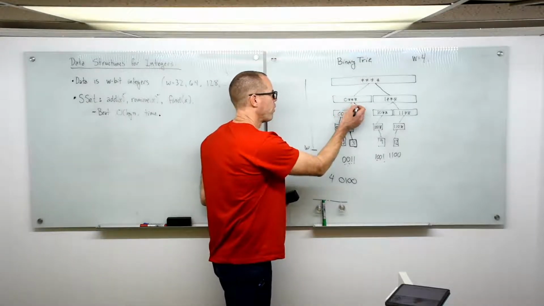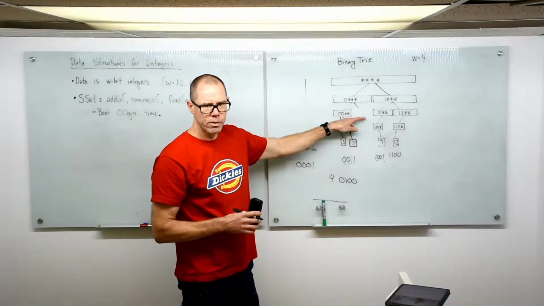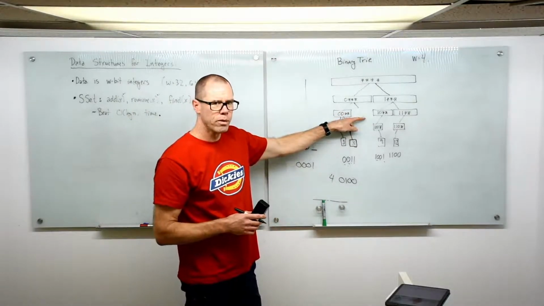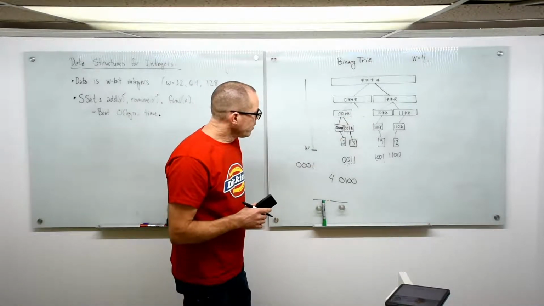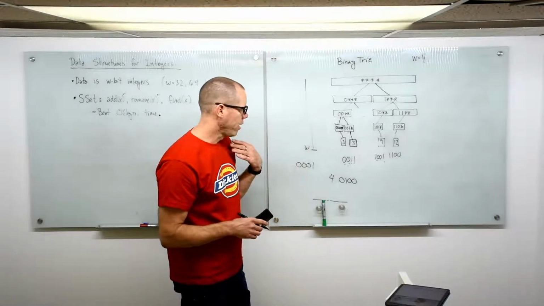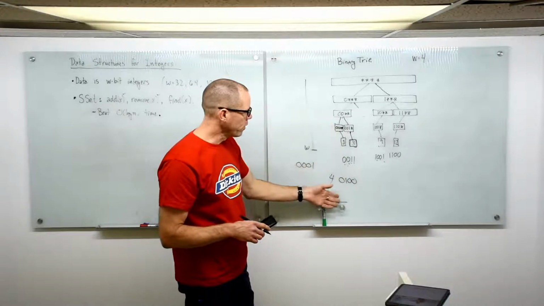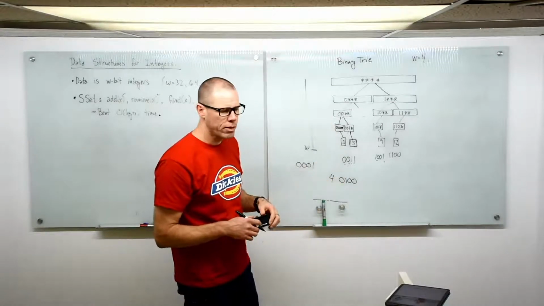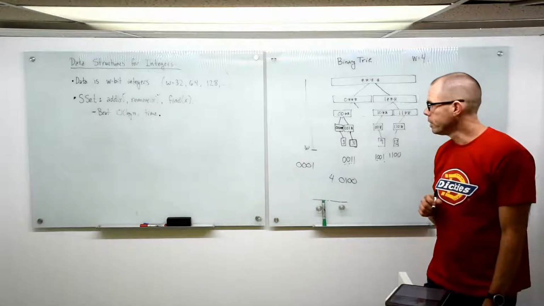So the search path for 4 goes down to here, but then it's stuck. There's no nodes there. There's nothing, we can't continue the search in this case. So the plain old binary trie doesn't solve the problem, because it doesn't help us when we're searching for things that are not there. It doesn't give us any sort of useful result.